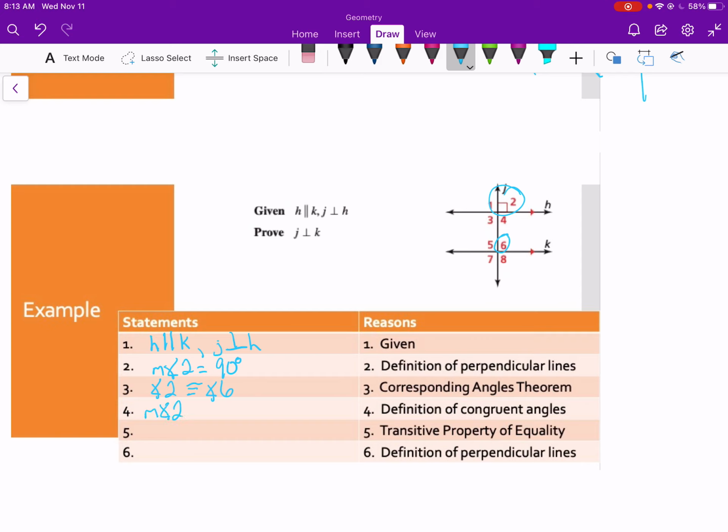So the measure of angle 2 is equal to the measure of angle 6. And then transitive property or substitution, either one. I know that the measure of angle 2 is 90 degrees. So I'm going to say 90 degrees equals the measure of angle 6. Well, if angle 6 is 90 degrees, then that means J has to be perpendicular to K.